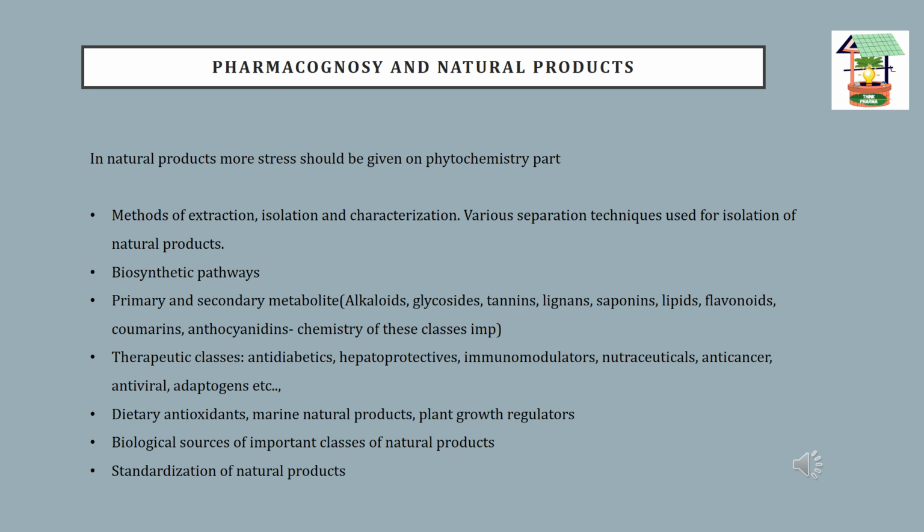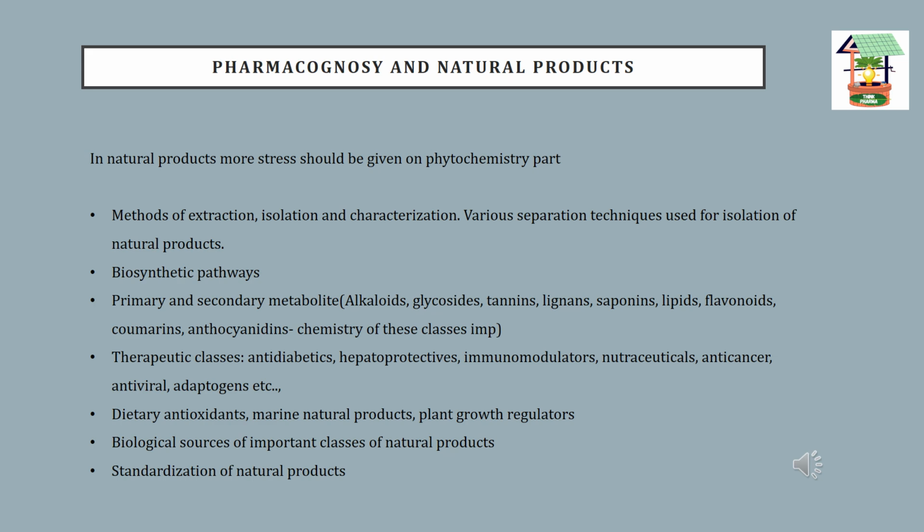And then biological sources of important classes of natural products. So already I have said biological sources is like from which part, like leaves or roots or stem, flowers or fruits, seeds, which part of the plant is important, means which important phytoconstituent is present in a particular part we have to know specifically. And then standardization of natural products.